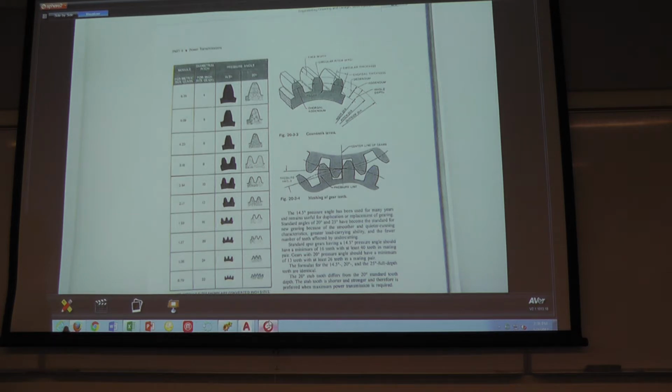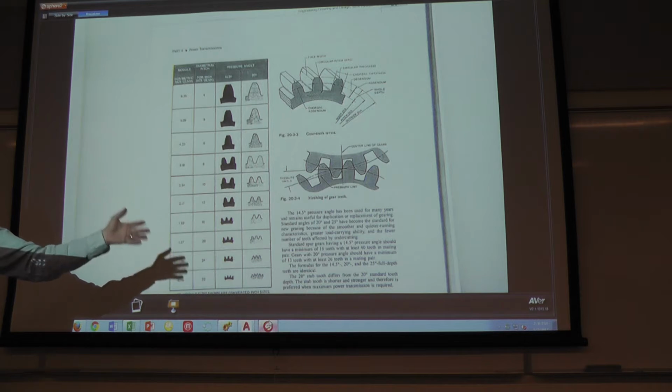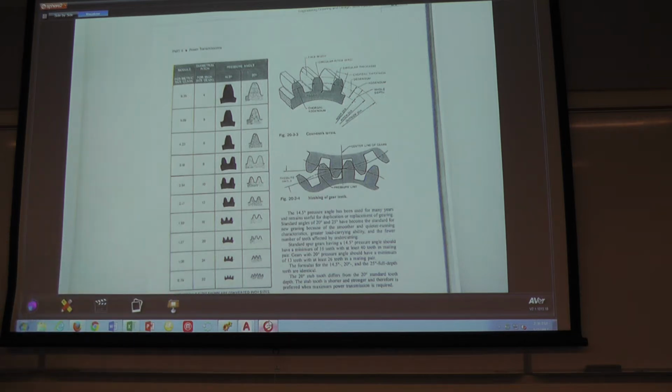Standard angles of 20 degrees and 25 degrees have become standard for new gearing because of smoother and quieter running characteristics, greater load carrying ability, and fewer number of teeth affected by undercutting. There are some minimums in the number of teeth that need to be included in a design. You can read that and look at that.